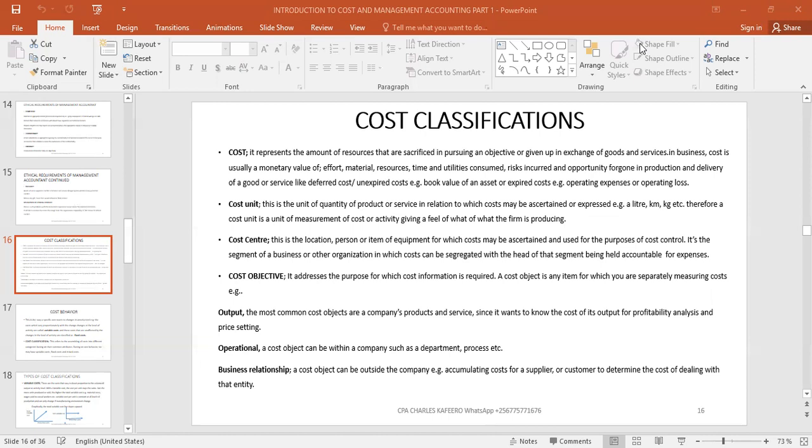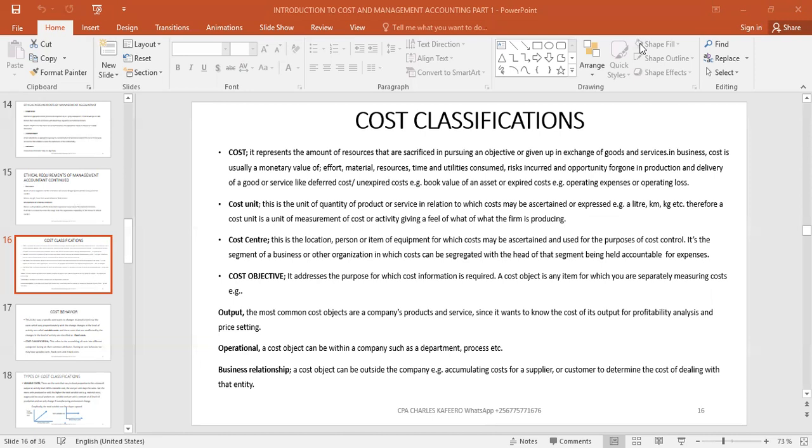This notional cost, you can talk about these risks. Let's say if you have seen that in a certain environment, there are some things which can distort the production. And by the time you start up the production plant for producing a certain item, you know there are certain risks involved.